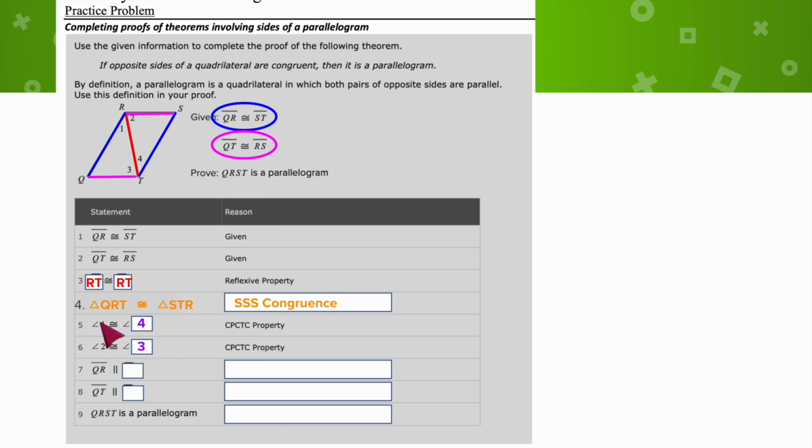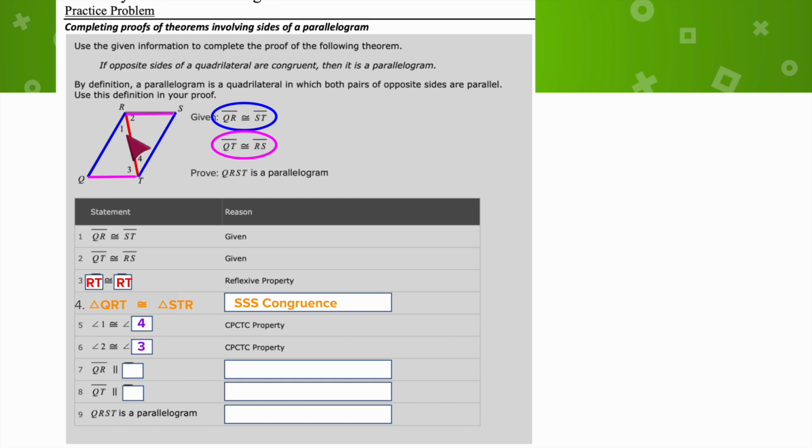So now that I know that angle 1 is congruent to angle 4 and angle 2 is congruent to angle 3, well, now I can go back to when we learned about parallel lines, because if angle 2 is congruent to angle 3, then they're alternate interior angles, and that proves that QT is parallel to RS. And the same thing with angle 1 and 4.